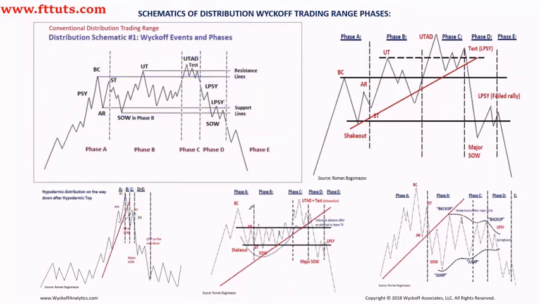We'll study more of these examples later on and in the practicum as well. Another TP family member is the loss chart, the loss schematic right here. And it's going to have the same type of institutional behavioral characteristics as the hypodermic distribution.